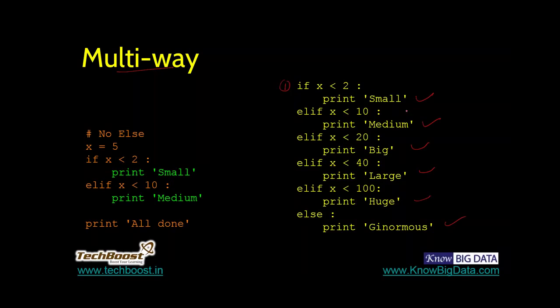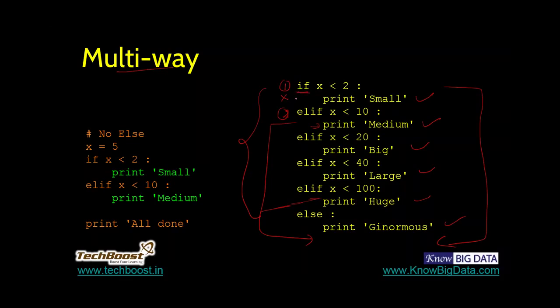If this satisfies, it goes directly out of it. If this does not, it goes here. If this satisfies, it executes this and goes out. Remember that the first keyword to be used in a multi-way decision is if. The following ones, but not the last one, will all be elif, and the last one would be else.